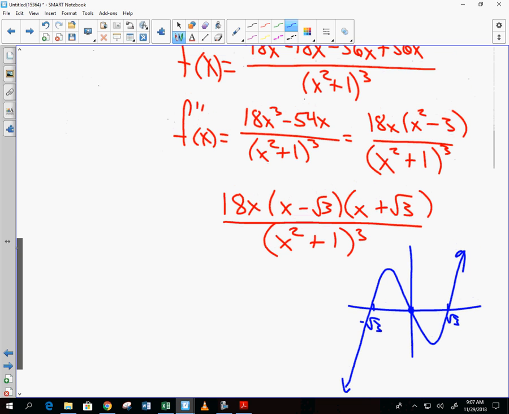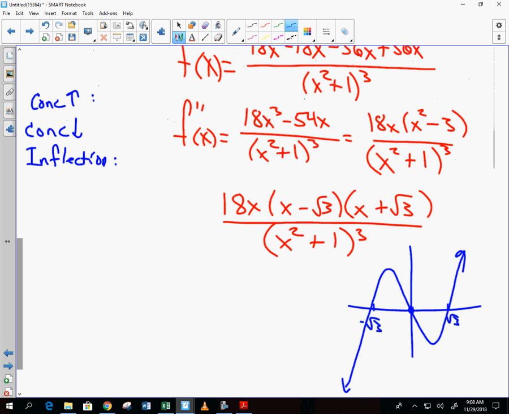So yesterday, we had the increasing and decreasing and things like that. But we also had concave up, concave down, and then inflection. Where is it concave up? Wherever the second derivative is positive.